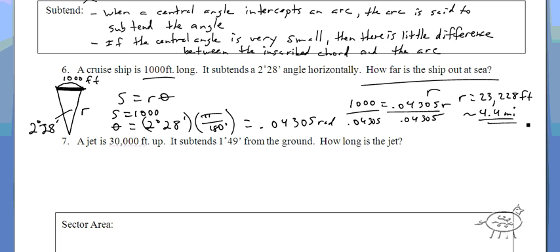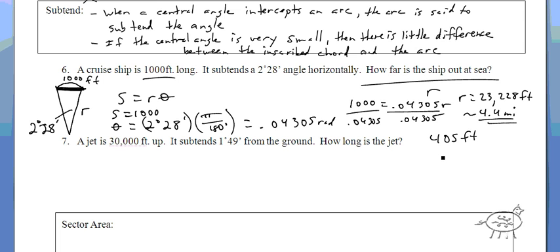If you made a mistake, and let's say you forgot to convert it to radians, it would turn out the ship would be, instead of 23,228 feet, 405 feet. So think logically. A cruise ship is 1,000 feet long, and it's way out there because it subtends that really dinky little 2 degree, 28 minute angle.